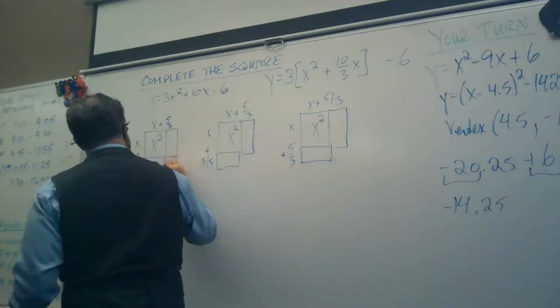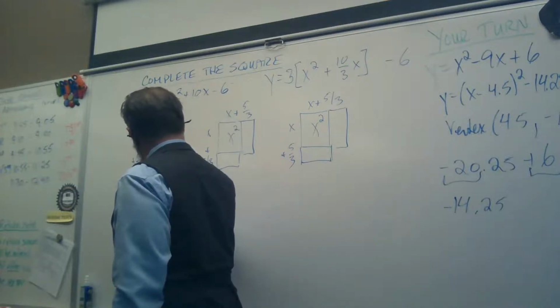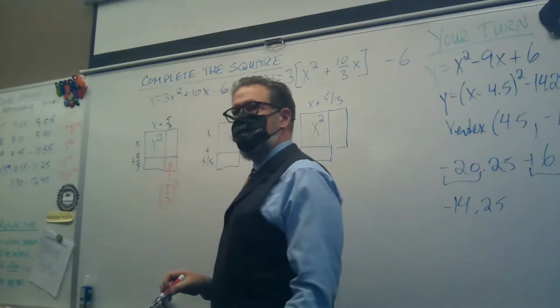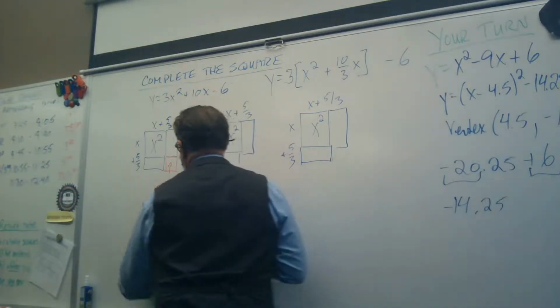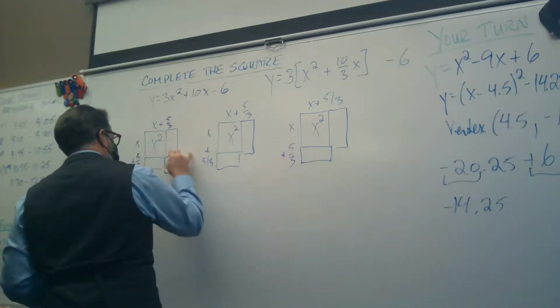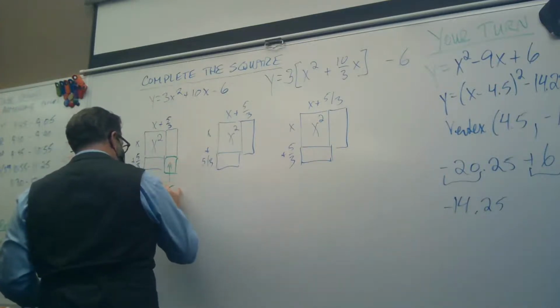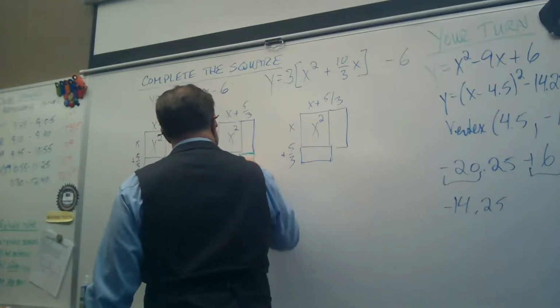So, how big is that square? That square is 5/3 squared. Except that I did it in the wrong color. That's supposed to be green because I'm adding in to fill the square, right? And there's a 5/3 squared.